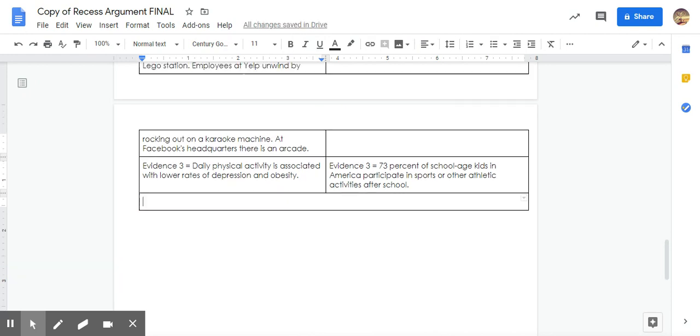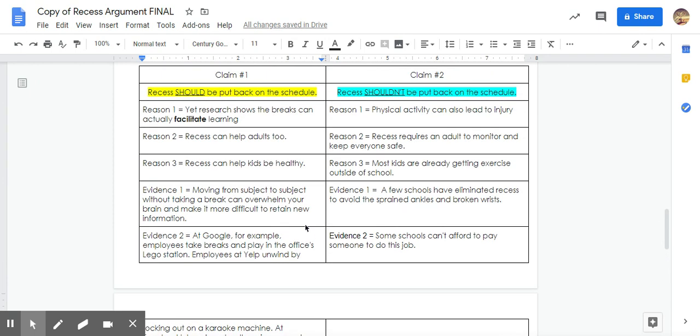So when I go back and I think about the way that this argument was presented, and I think about the different reasons on each side, and the different examples and evidence on each side, it's my personal opinion that the side that was arguing that recess should be put back on the schedule had a stronger argument.